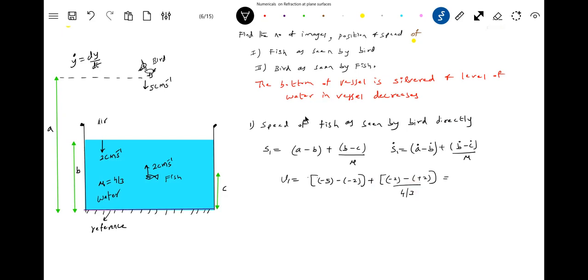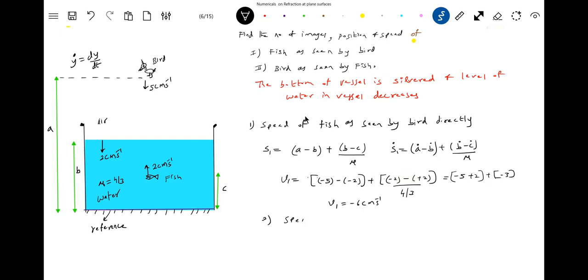Solving this: minus 5 plus 2. This will be minus 2, minus 2, minus 2, minus 4. This will get cancelled, so we end up with only minus 3. Minus 5 plus 2 will be minus 3, minus 3, minus 3, minus 6. So minus 6 centimeter per second.